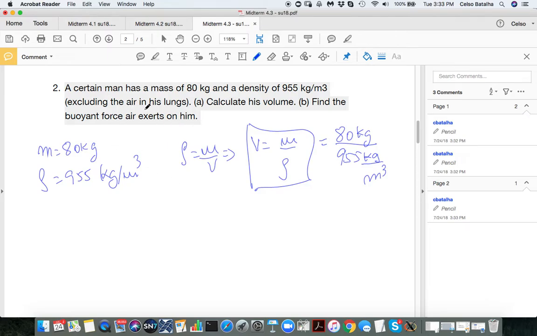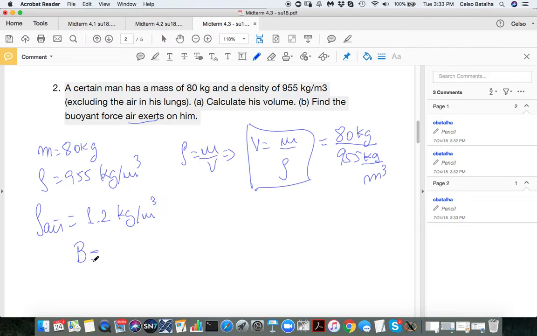And find the buoyant force the air exerts on him. The density of air that I wrote on the board is 1.2 kilograms per cubic meter. What is the definition of buoyant force? The buoyant force is the weight of fluid or material displaced.